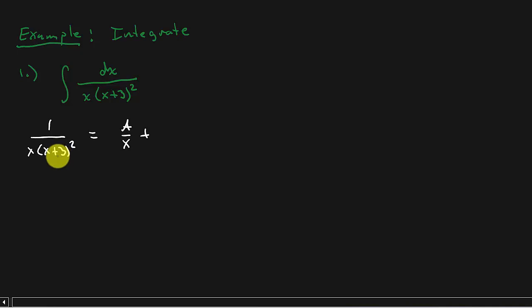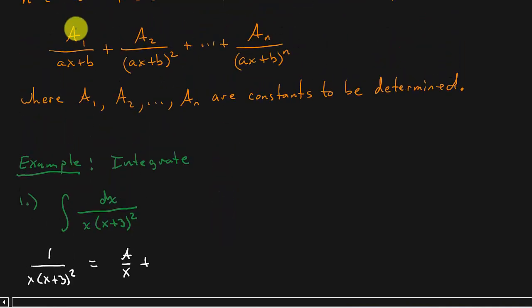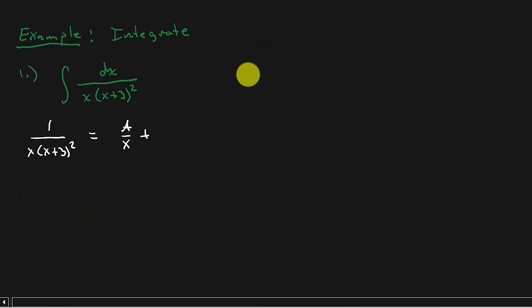I've got 2 factors of it. So what does this say? I got to put a constant over that factor to the first power, and then a constant over it to the second power. And so that's going to be plus b over x plus 3 plus c over x plus 3 squared. And that's all it is.